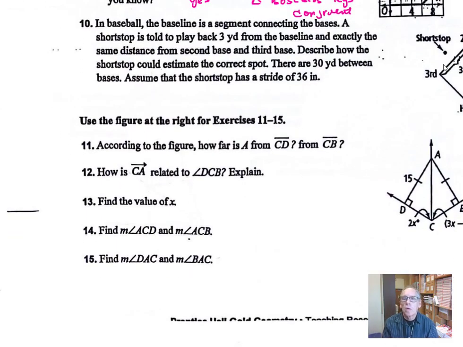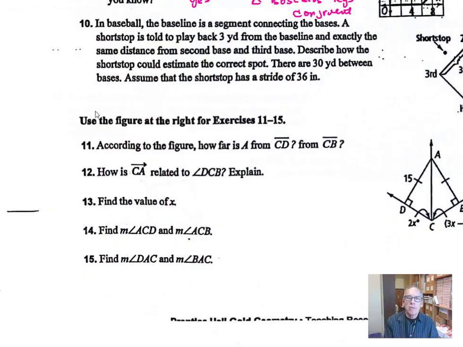So in baseball, the bases are 90 feet apart, which is 30 yards. And they're telling the shortstop that they want him back about 3 yards from the baseline. If his stride is 36 inches, which is 3 feet, they want him to pace back about 3 yards from the midpoint of this baseline.